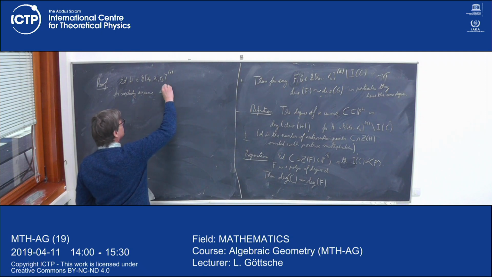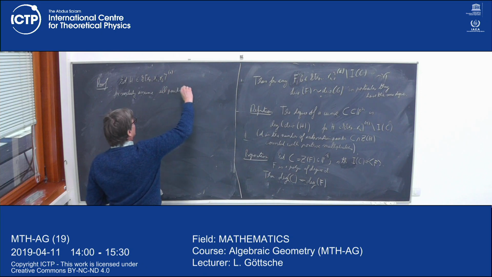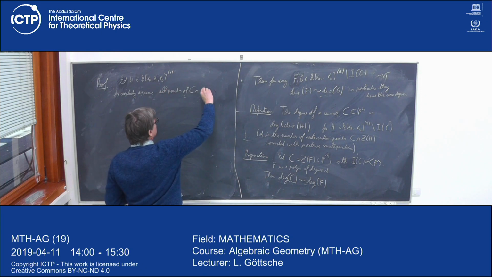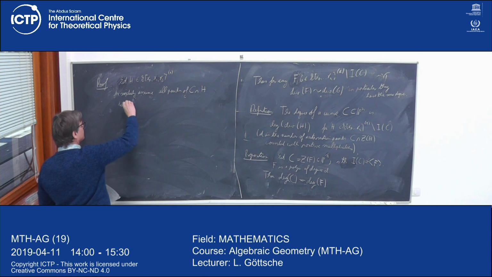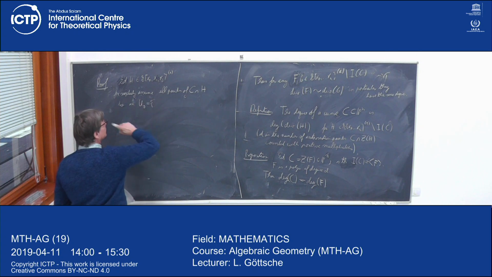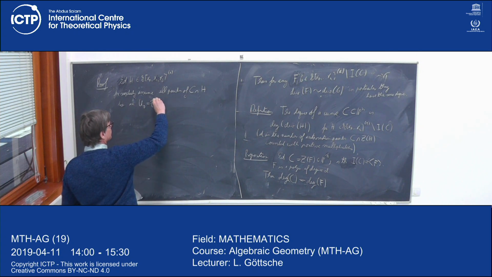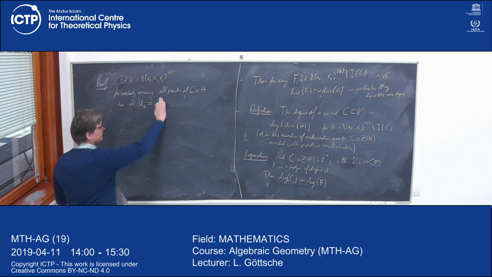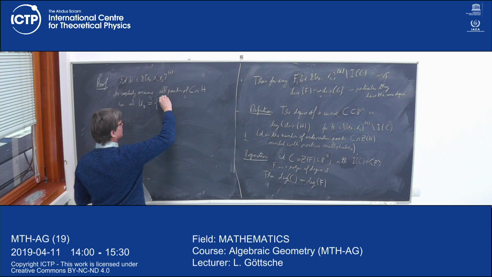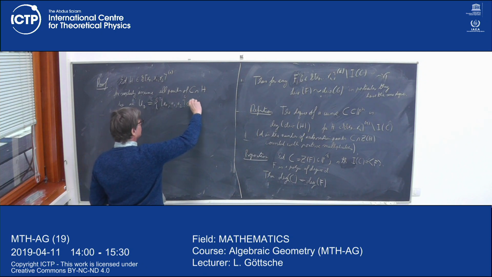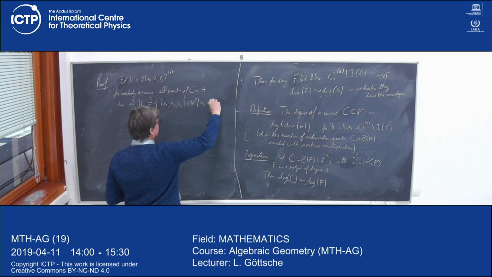So all points of C intersected H lie in U0, which we identify with A2. So the first chart, that means A0, A1, A2 such that A0 is not 0.